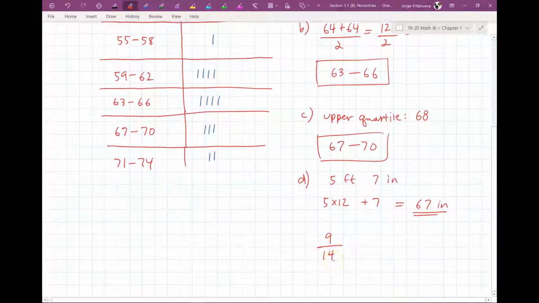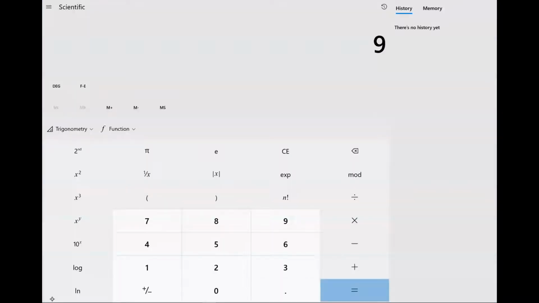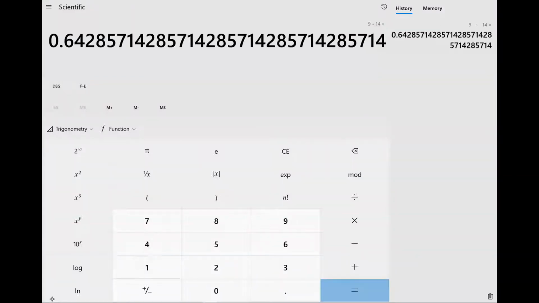So they want to know what percent. So you would get your calculator and do it. Now, unfortunately, I don't have my calculator with me right now, but hopefully I can find it here. It's right there. So 9 divided by 14 is 0.6428, etc. We're going to have to move this over.